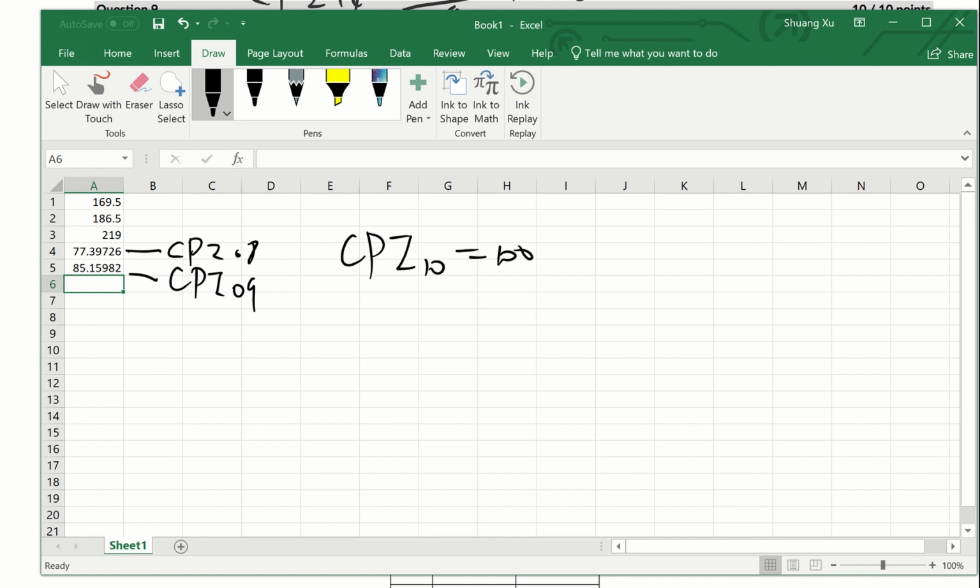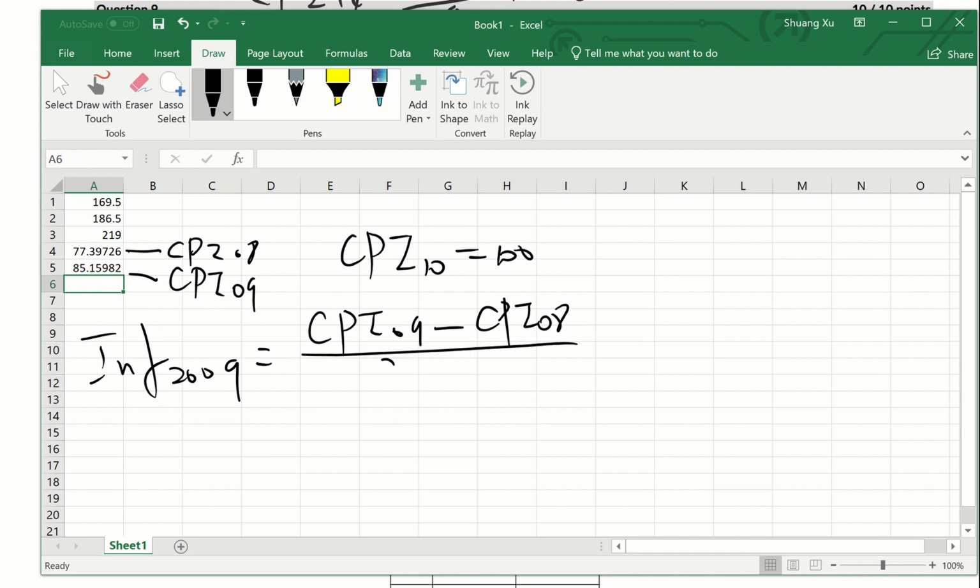All right, to find inflation, let's do inflation for 2009 first. We're going to use the CPI of 09 minus the CPI of 08, divided by the CPI of 08, times 100%.